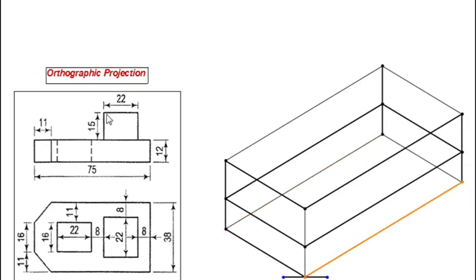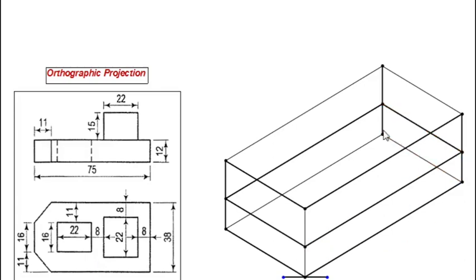From the front view you can observe a rectangular surface which is 22 by 15, and after projecting this one in the top view you can observe it is a square of 22 mm sides. So I am preparing this square on this surface.